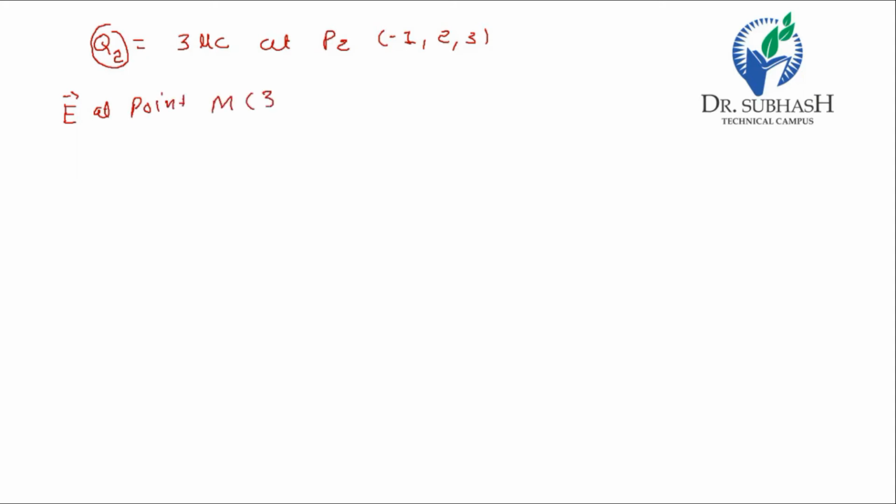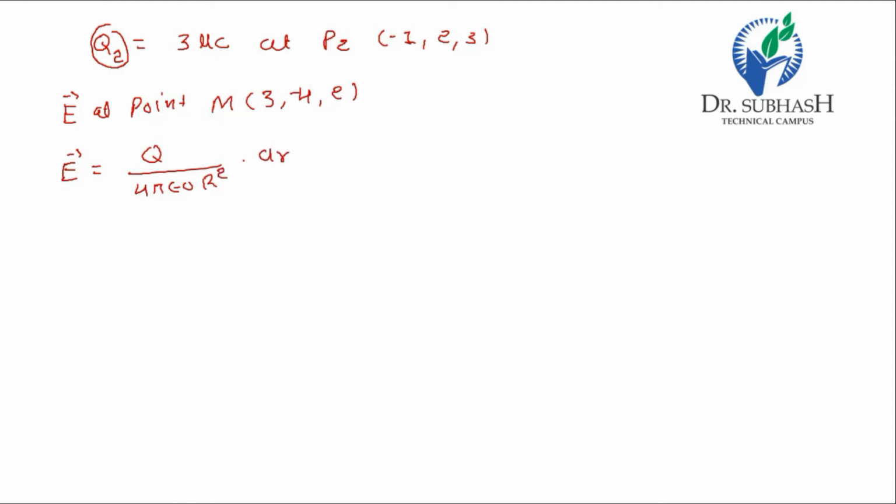Here we have the charge Q2, which is located at point P2, minus 1, 2 and 3, and we are required to find the electric field intensity E due to the charge Q2 at point M, 3, minus 4 and 2.